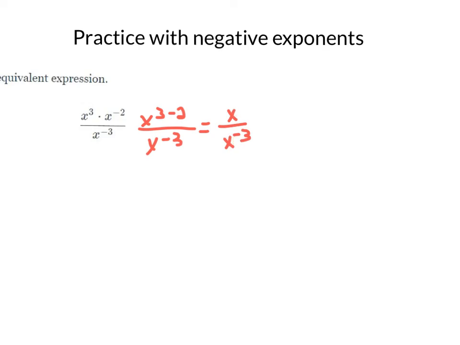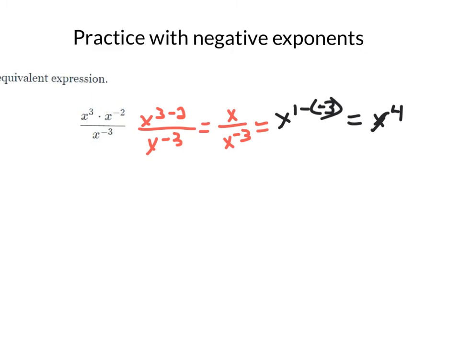And 1 minus negative 3 is the same as saying positive 3. So it's x to the 1 plus 3, which is simply x to the 4th power. So x to the 4th power would be your answer.